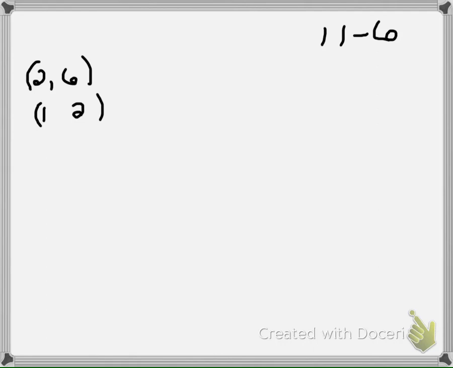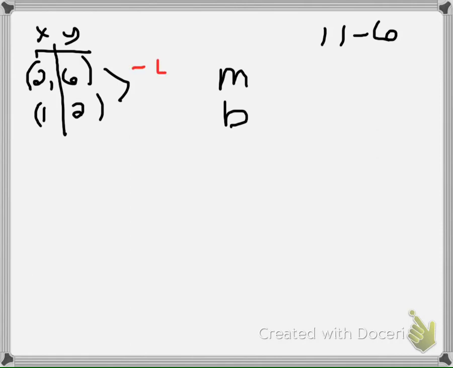Here we go. I need the M. I need the B. I'm going to make this like a table. Change in Y. From 6 to 2 is -4. Hopefully you already had that.